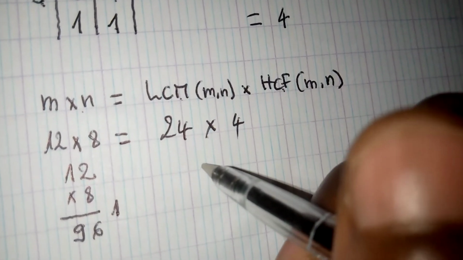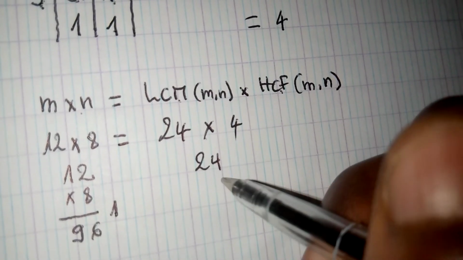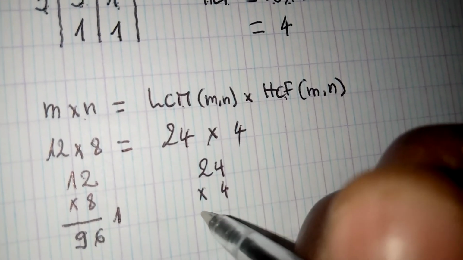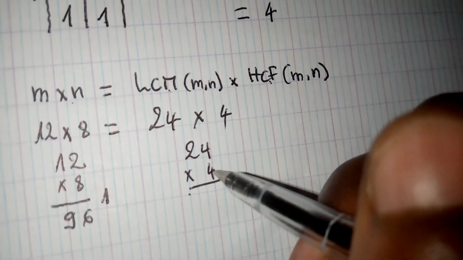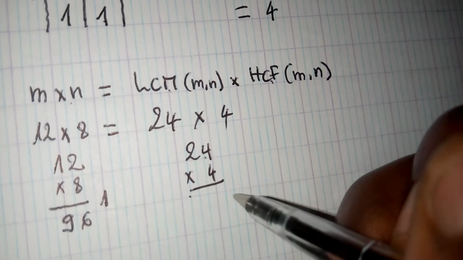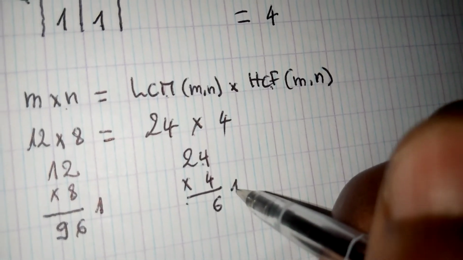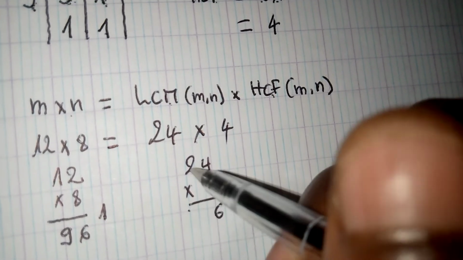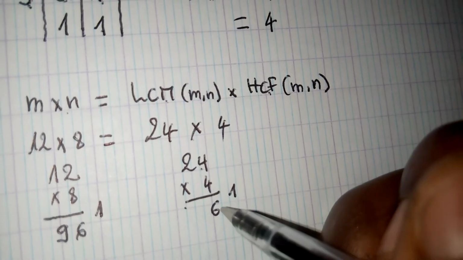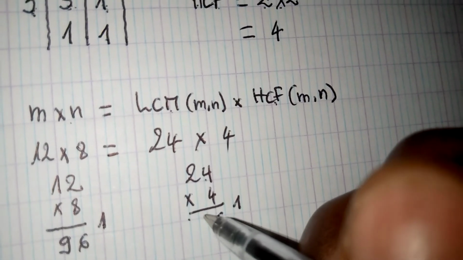Here, 24 times 4. If we take 4 times 4 is equal to 16. In the same case, I write 6 and I keep 1 here. Then 4 times 2 equals 8, and then 8 plus 1 equals 9.